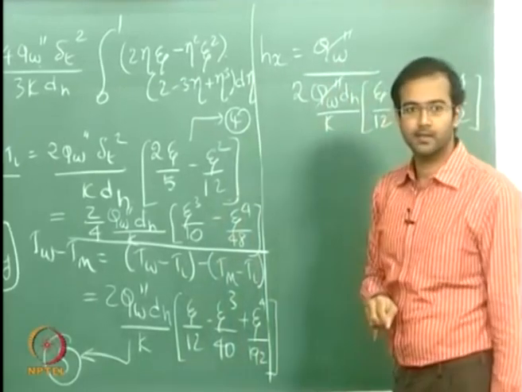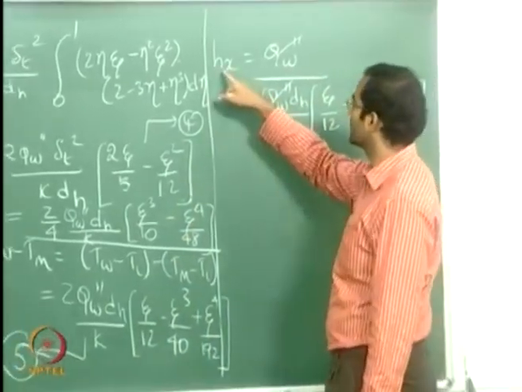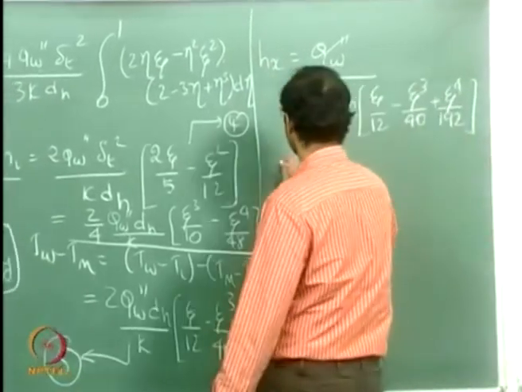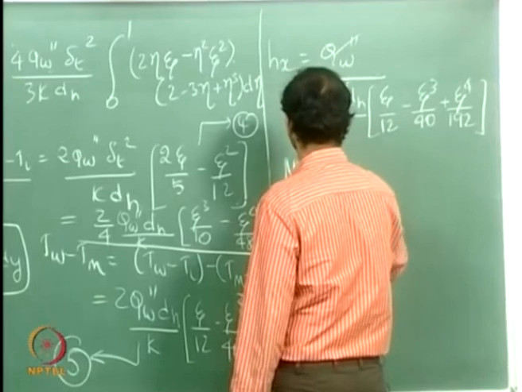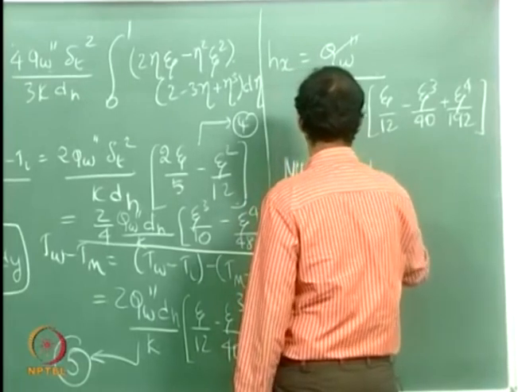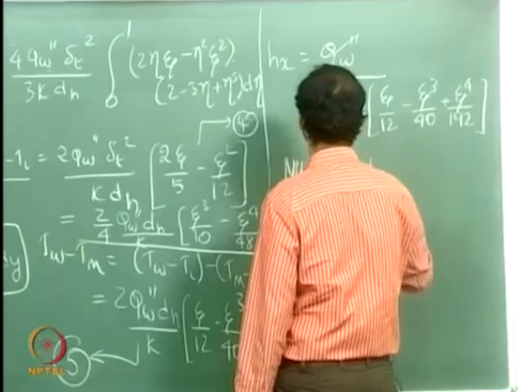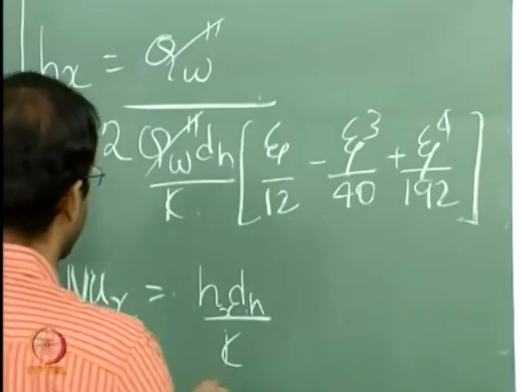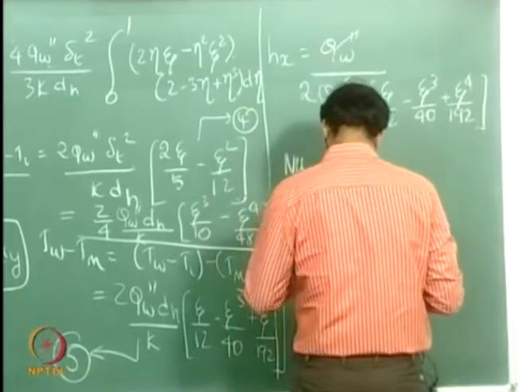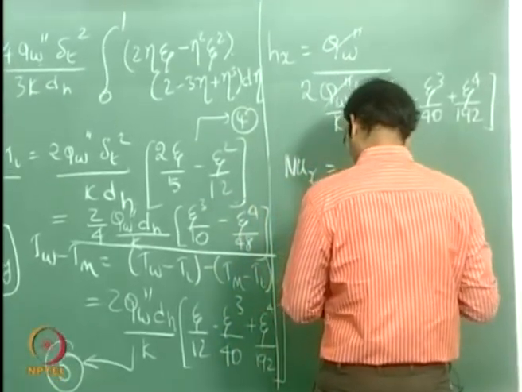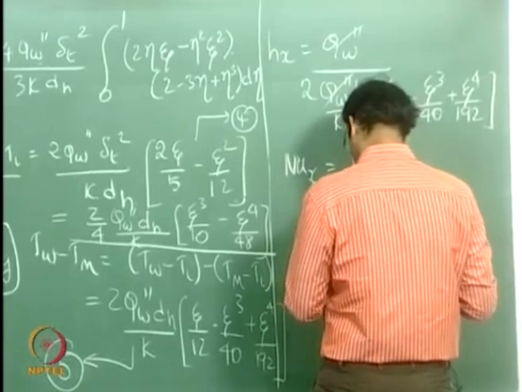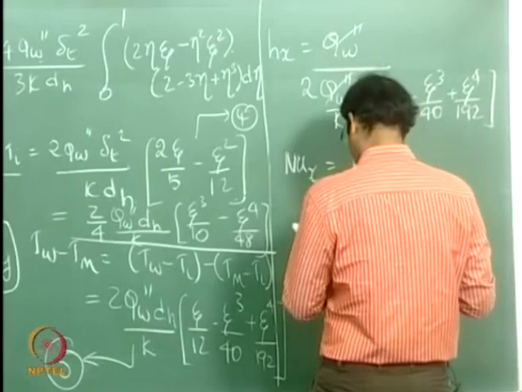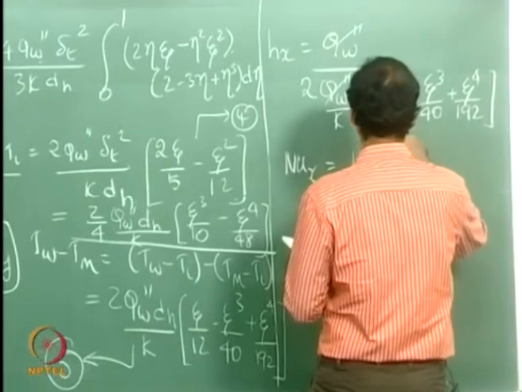Now I can directly get the expression for Nusselt number. You can see that this can be written as Hd by k. So my Nusselt number in the thermally developing region, which is based on the local heat transfer coefficient times the hydraulic diameter divided by k, comes out to be of this form. I can also take some terms common from here.